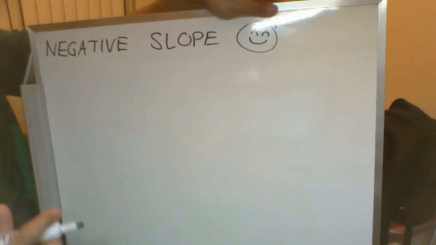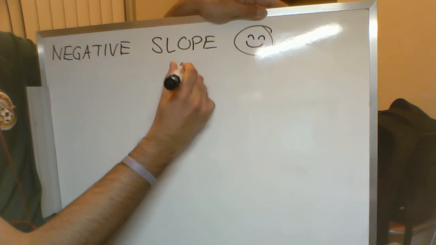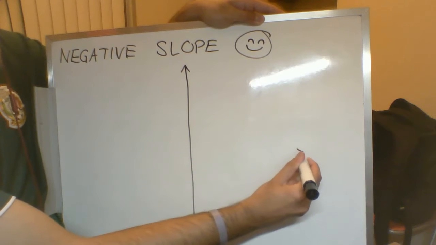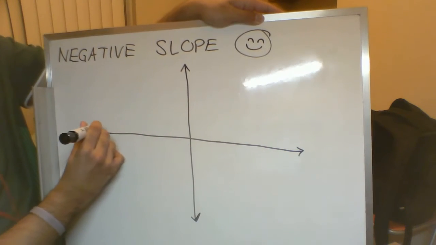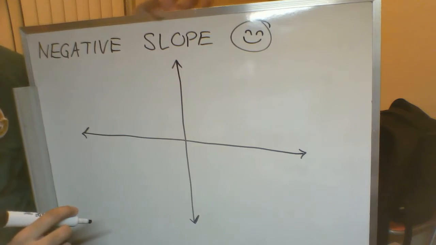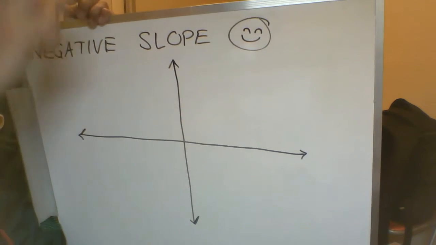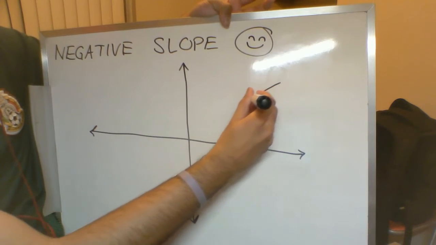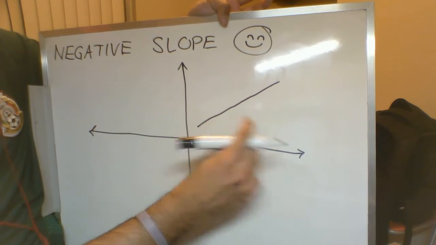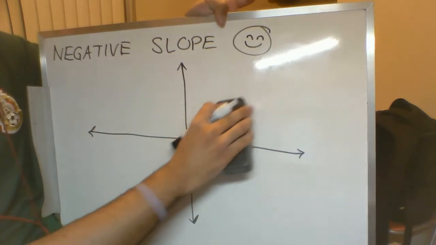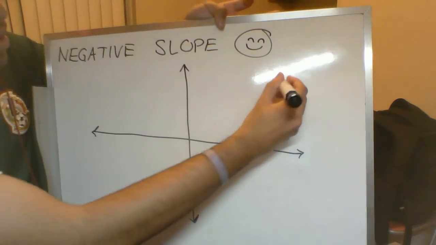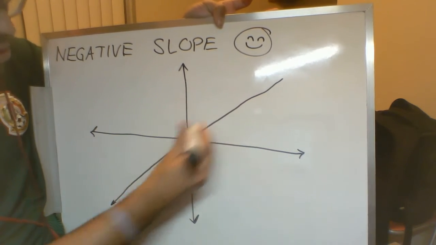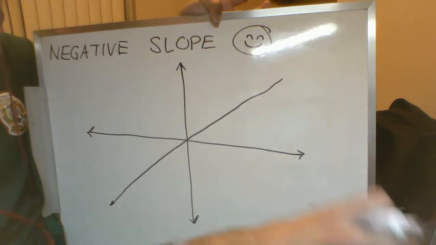So now let me just draw out a little bit of a Cartesian plane. You don't have to put a whole bunch of lines all the way across it, because I just want to highlight a key point about the behavior of lines with different slopes. So if I just draw out a couple of lines, let me start off by drawing one that goes like this, pretty much straight except for up in that corner.